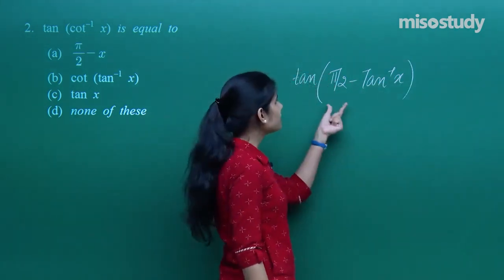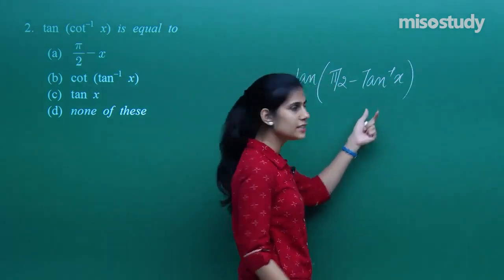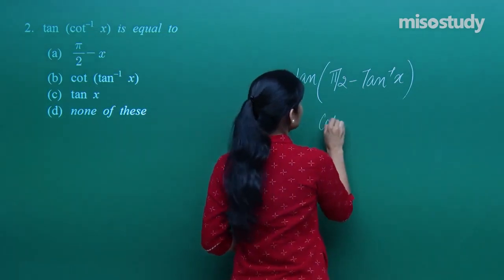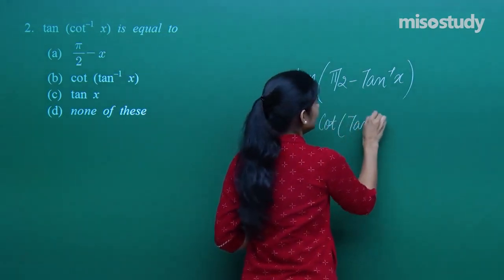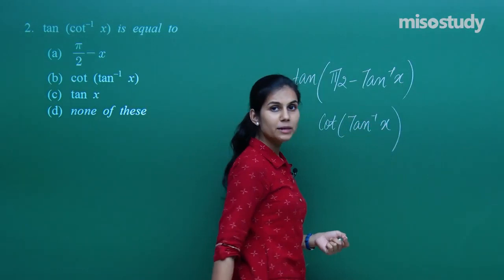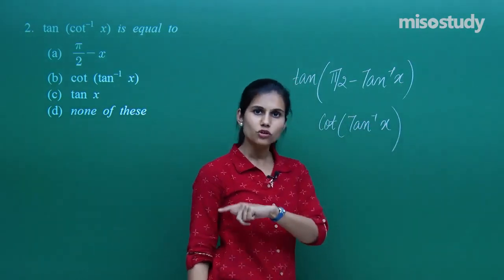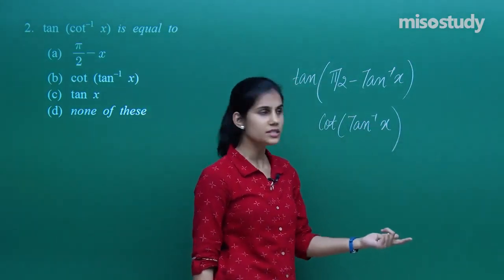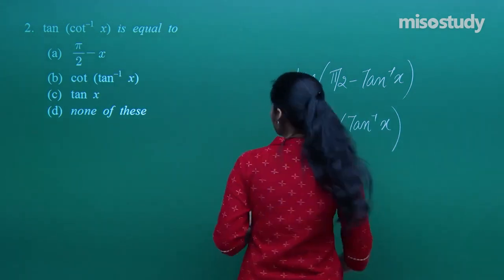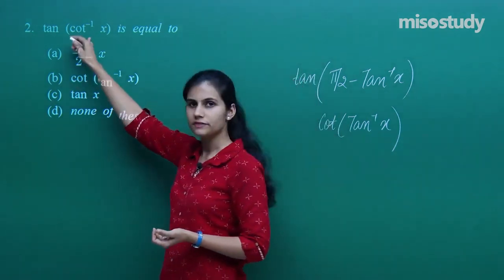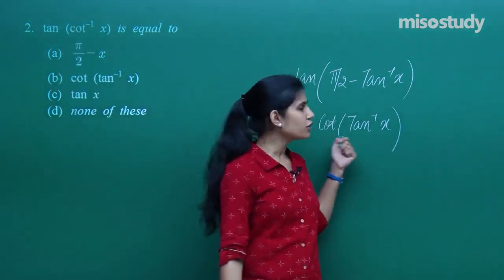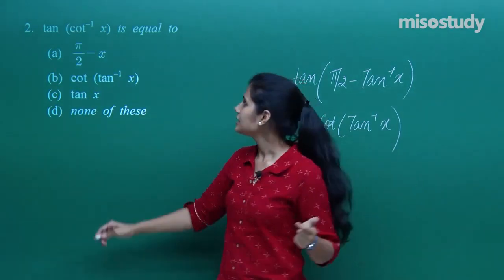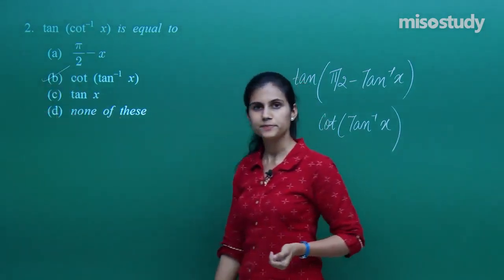Now you know tan of 90 minus theta is cot theta. So this becomes cot of tan inverse x. So using two very basic properties related to trigonometric and inverse trigonometric functions, I was able to conclude that tan of cot inverse x is actually equal to cot of tan inverse x, and that is my answer.